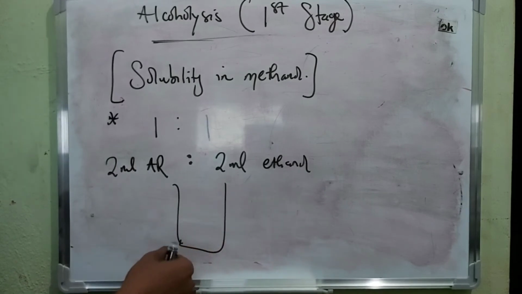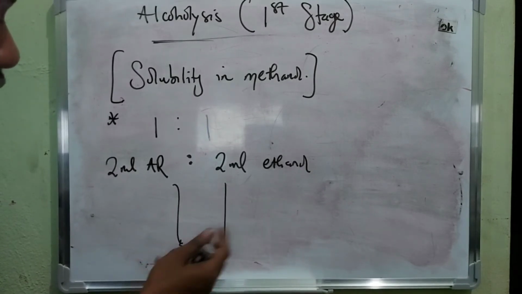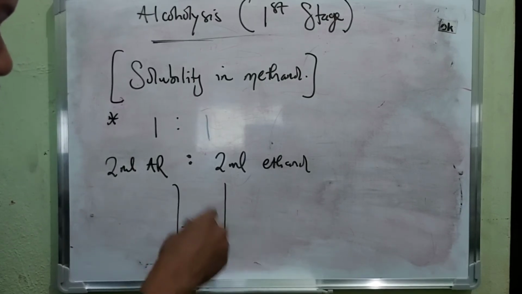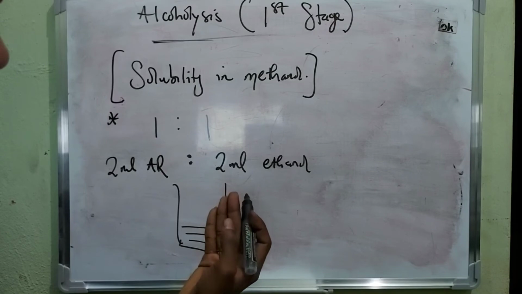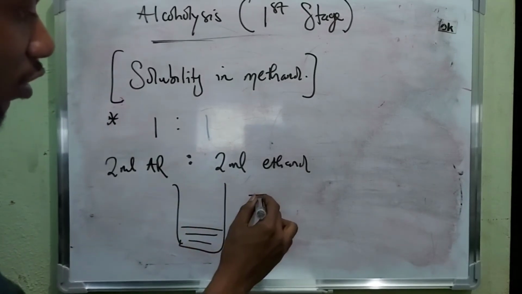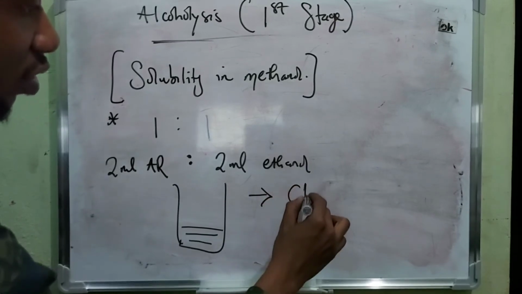Make sure to close back the system, that's the round bottom flask. Once they are mixed up, shake them a little and check if the resin is soluble. Solubility is determined by the presence of clarity.